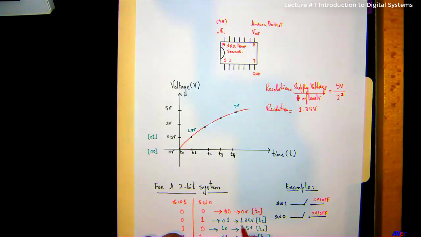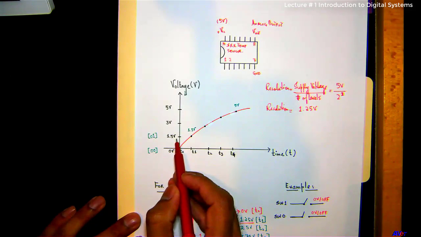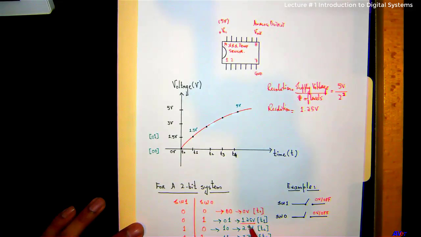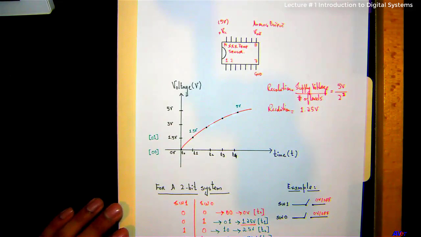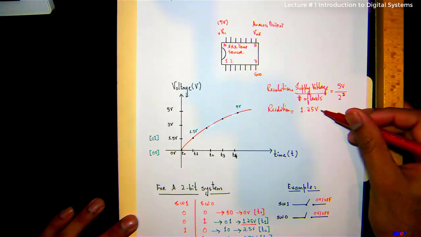To a voltage of 1.25, whereas the accurate voltage was 1.5. The computer would think it's 1.25 because we only have 2 bits, so we have 4 levels, so the resolution is 1.25.